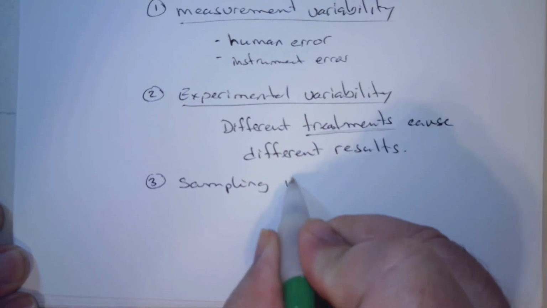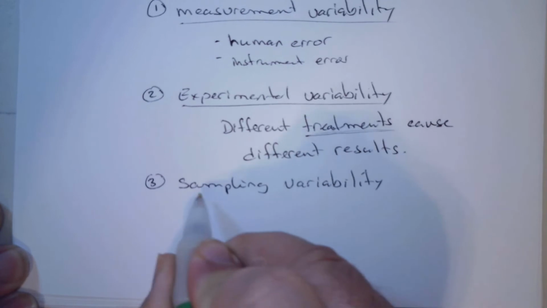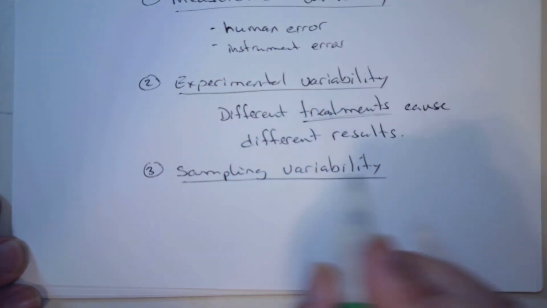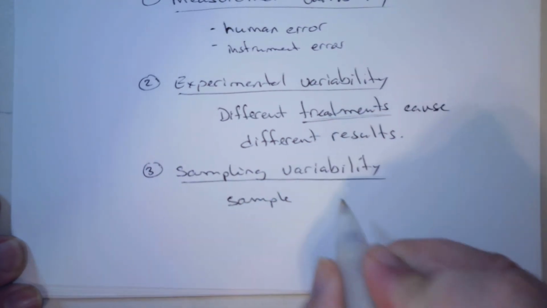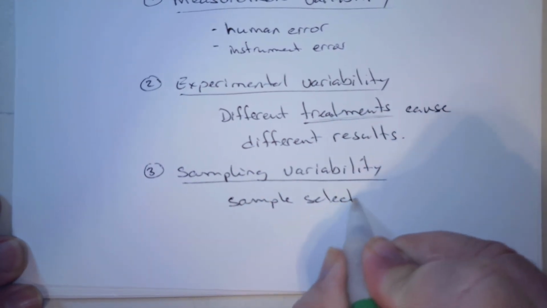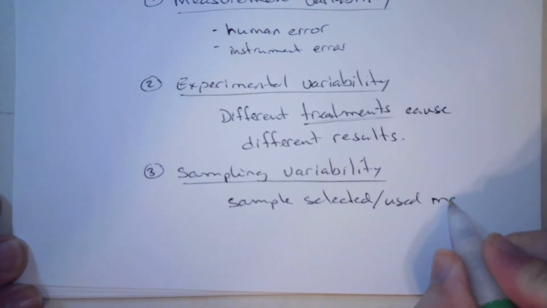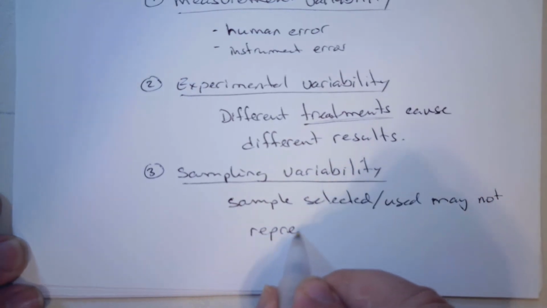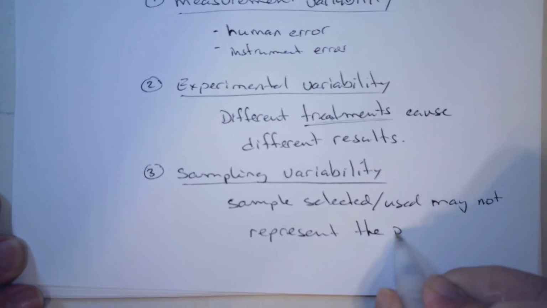And sampling variability. Sampling variability is the sample itself. The sample selected or used may not represent the population.